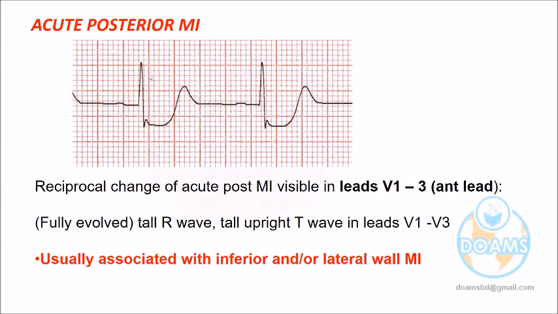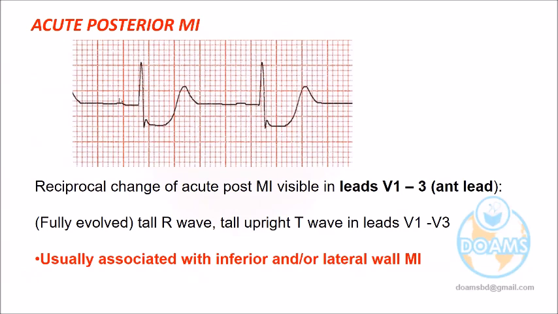Now look at this one. Why are we saying this is posterior MI? This is lead 1. Dr. Kabir is trying to reach the concept. Lead 1 up to lead 3 in the chest, V1 up to V3. What are you looking at? Dr. Kabir, you are connected with me now.